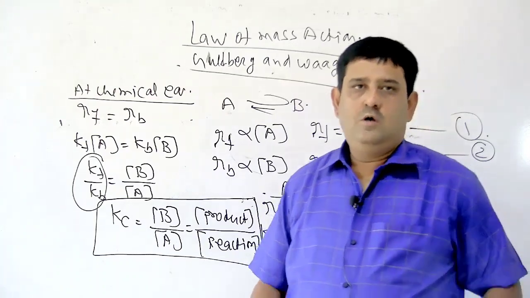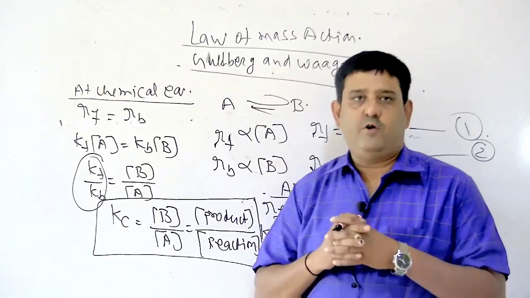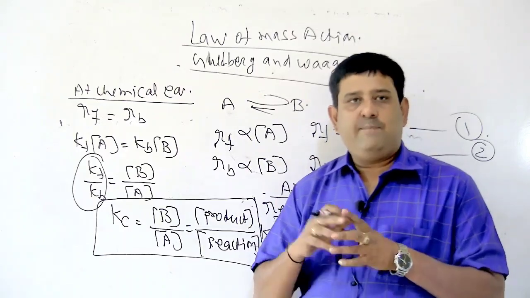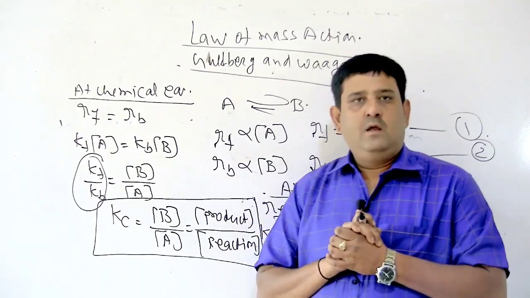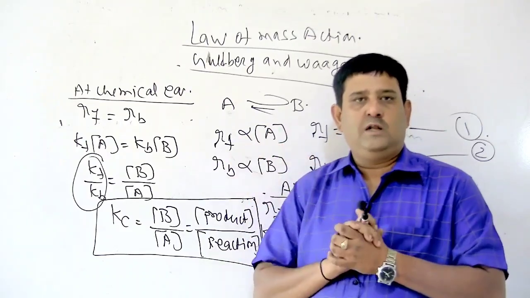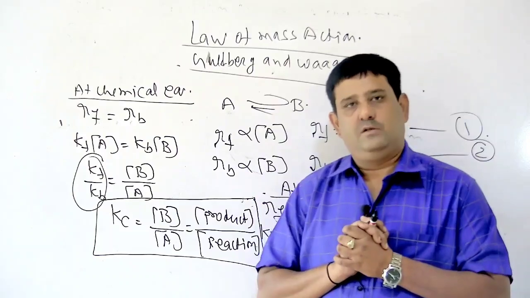By directly viewing the reaction, we will write the expression for Kc. We will not require a proof of that, and again and again I am saying you have to write the expression for Kc directly by viewing the equation.